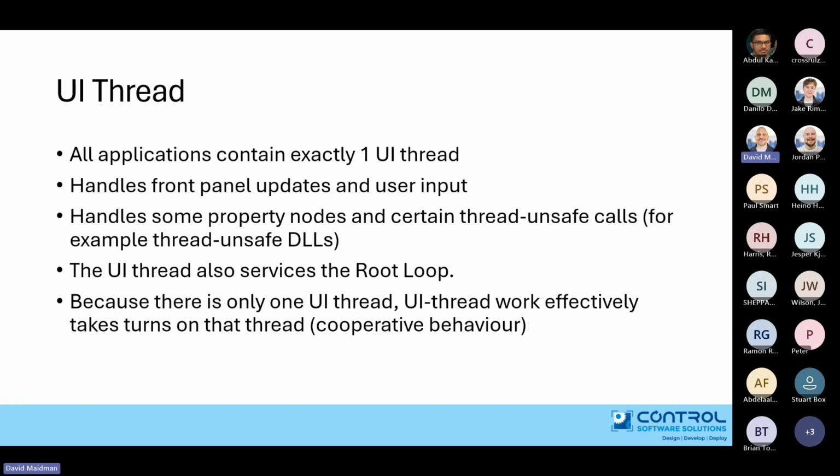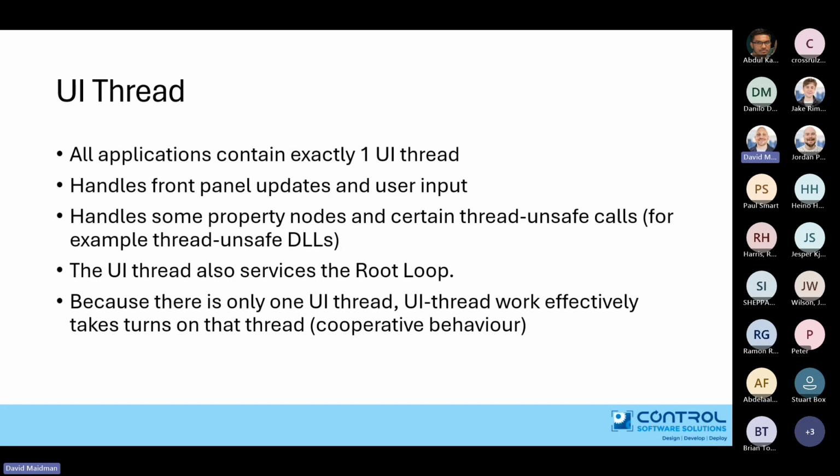For example, if a DLL is thread unsafe, it should be set to run in the user interface thread. That's because it's contained within that thread, it can't be influenced by anything else, and so it needs to reside there.